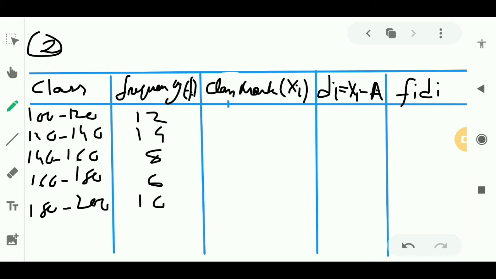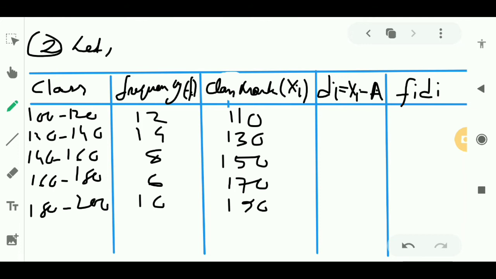Class mark, as we know, lower limit plus upper limit divided by 2. 100 plus 120, that means 220 by 2, 110. 120 plus 140, so total will be 260 by 2, 130. 20 increasing, so this one 150, 170 and 190. Now first we will assume one mean. Let assumed mean be a.